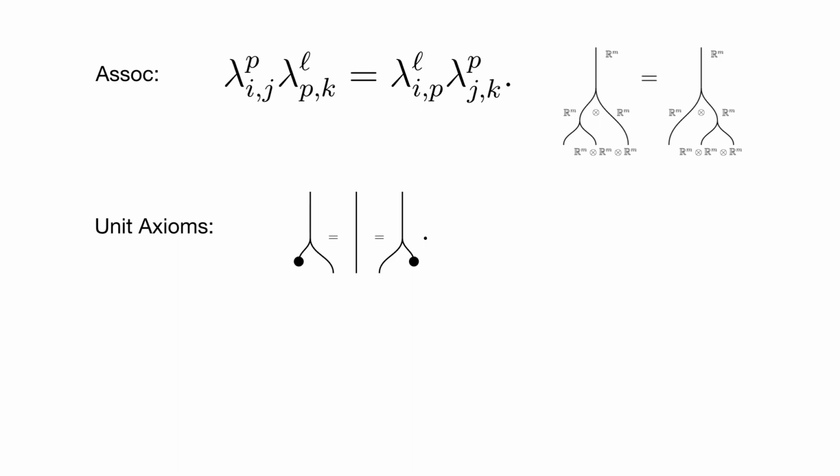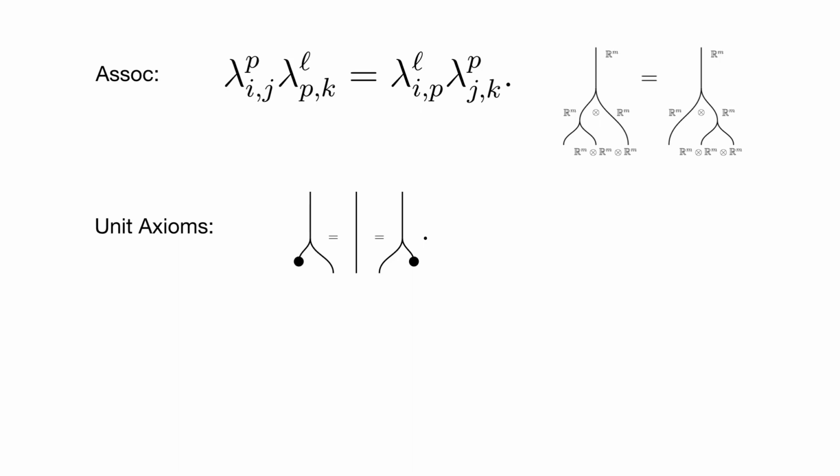In fact, the equations are reversed, so the left-hand side of the equation with the structure constants is written on the right-hand side of the equation with the tree diagrams. And the unit axioms, so we have something that's a left unit and a right unit.